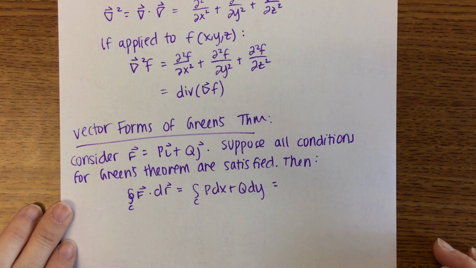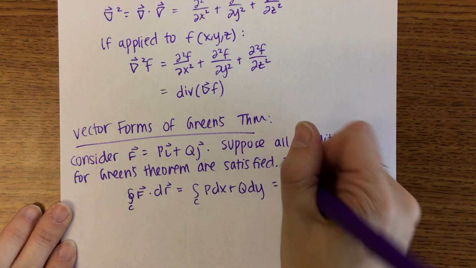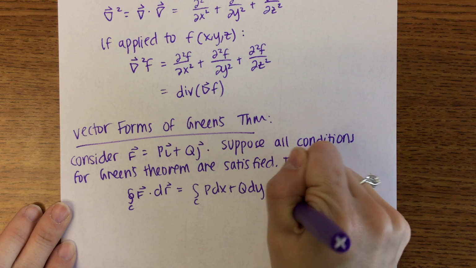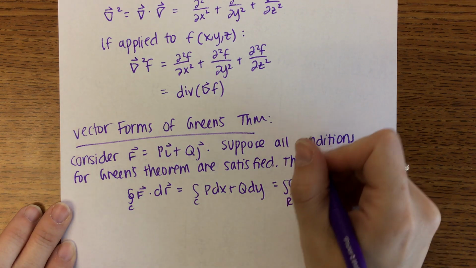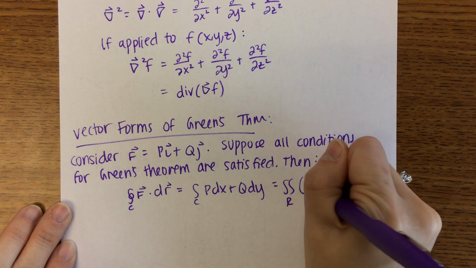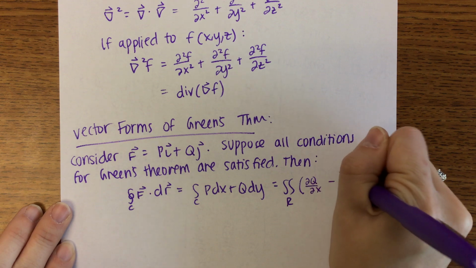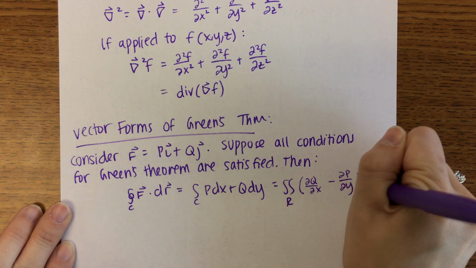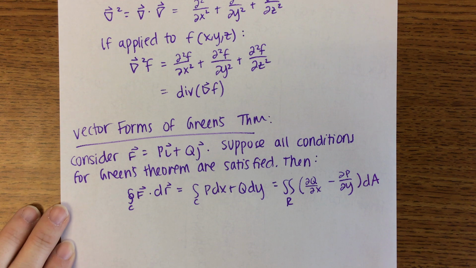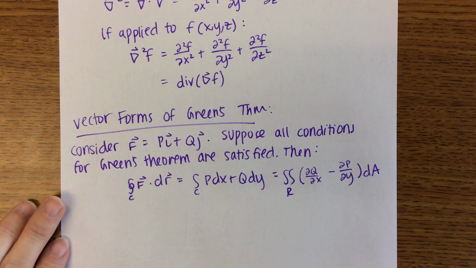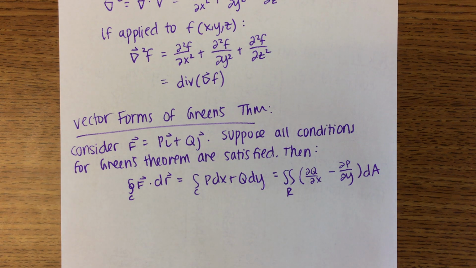And we saw with Green's theorem yesterday another way to express this or to calculate this was the double integral over the region R of the partial of Q with respect to x, subtract the partial of P with respect to y, dA. So none of that should be new, right? That's what we did yesterday.